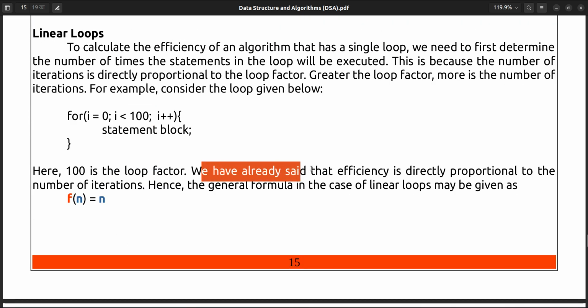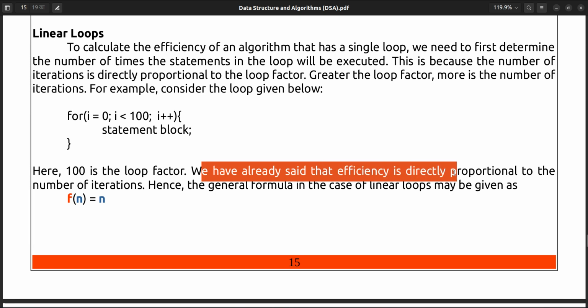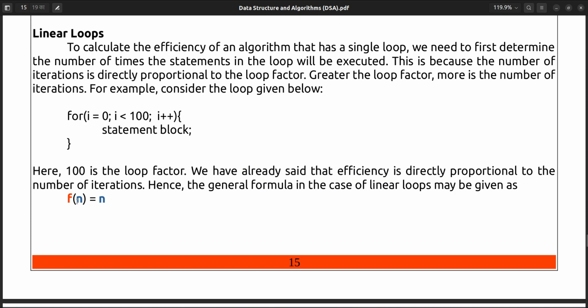We have already said that the efficiency is directly proportional to the number of iterations. So it means f(n). So what will be the complexity of this program here? The complexity or efficiency of this program will be f(n). What is n? n is the number of iterations. So n is equal to 100.